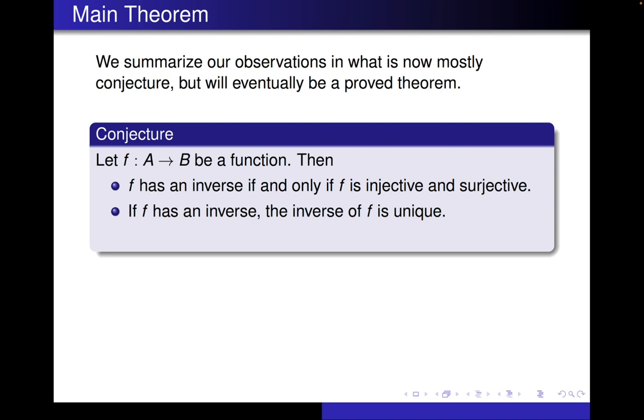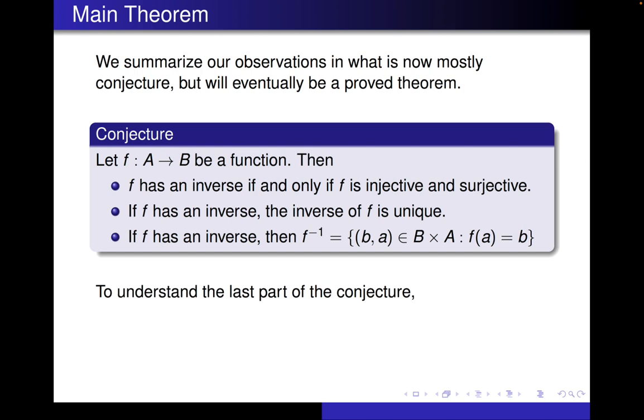You can't have any sort of choice of what your inverse is. And then, if f has an inverse, then f inverse is exactly what you get by reversing the x and y coordinates. In other words, f inverse, if we look at it as a set of ordered pairs, is the set of all (b, a) in B cross A such that f of a is equal to b.